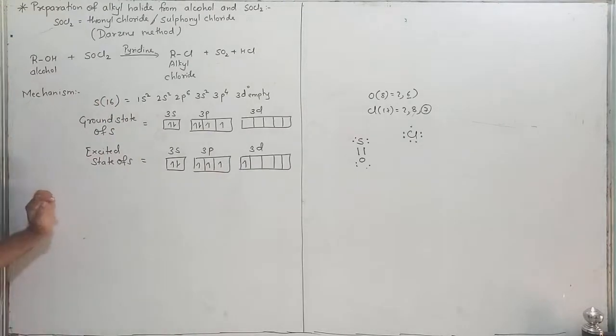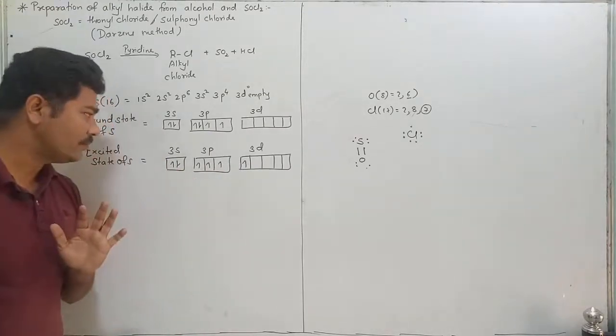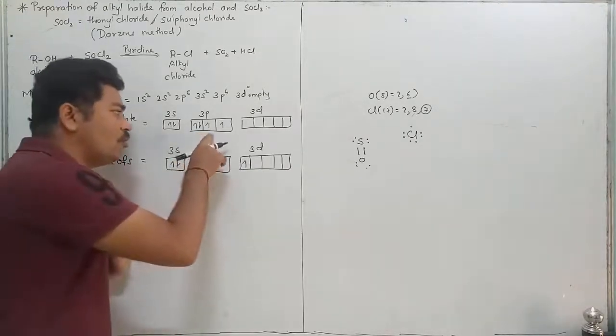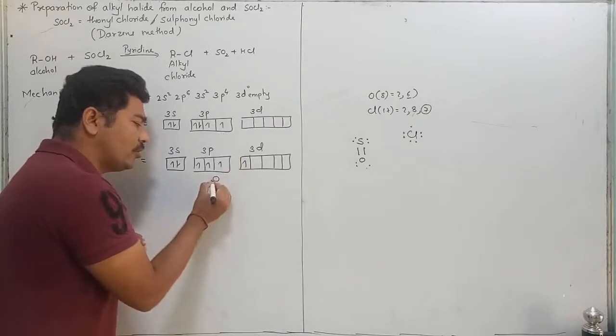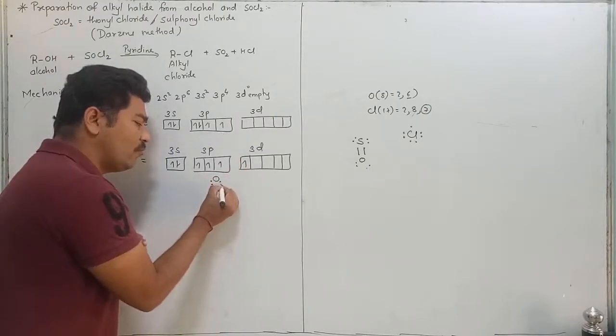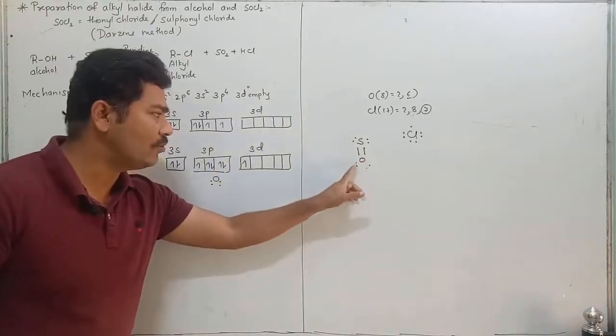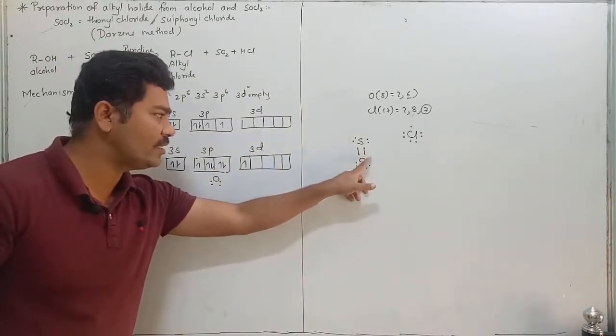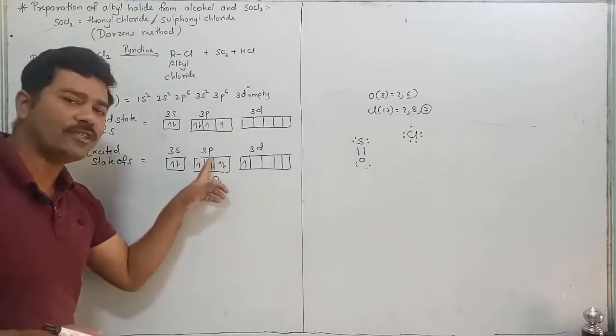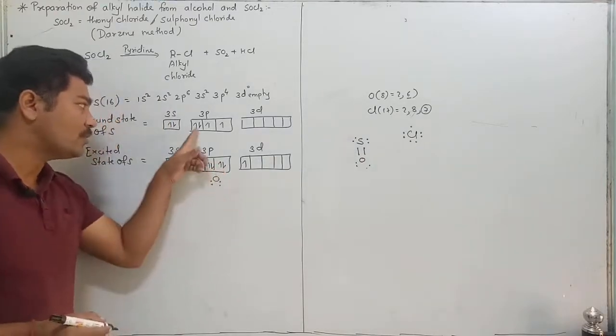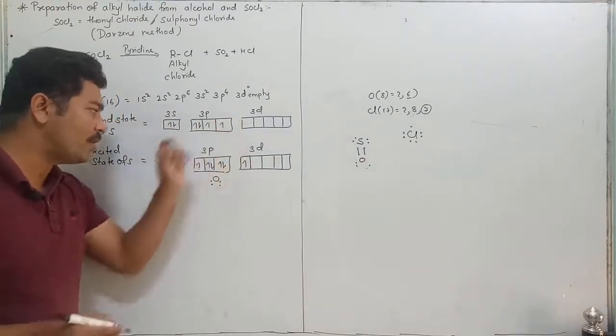Is it right? Now you can see, due to this excitation, first of all only oxygen was reacting over here, with 6 electrons. With sulfur there are 2 bonds, but they were paired. Now these 2 are unpaired.